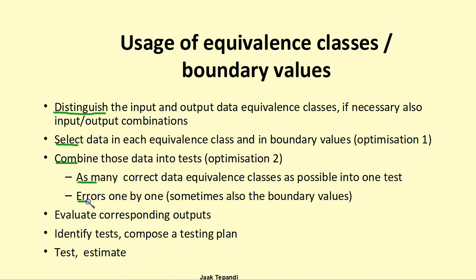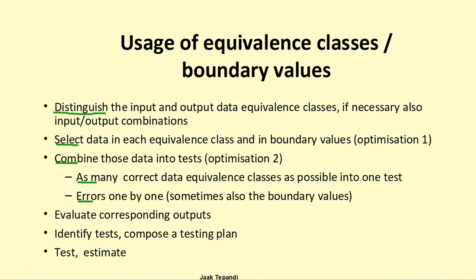And we can have errors usually just by one, because very often if we have different inputs, then an error in one input will already stop processing, and we don't see the effect of the error in the other input.